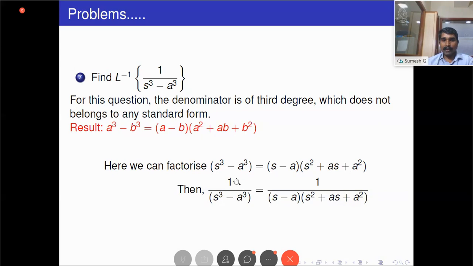Therefore, 1 by s cube minus a cube can be written as 1 by s minus a into s square plus as plus a square. Now consider the RHS term. Here the denominator is a product of two terms. If the denominator is a product of two or more terms, we have to apply partial fractions.